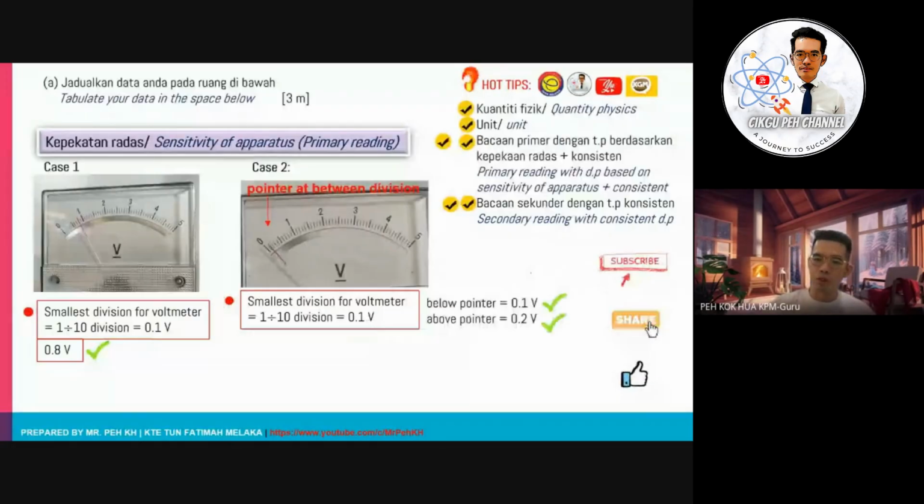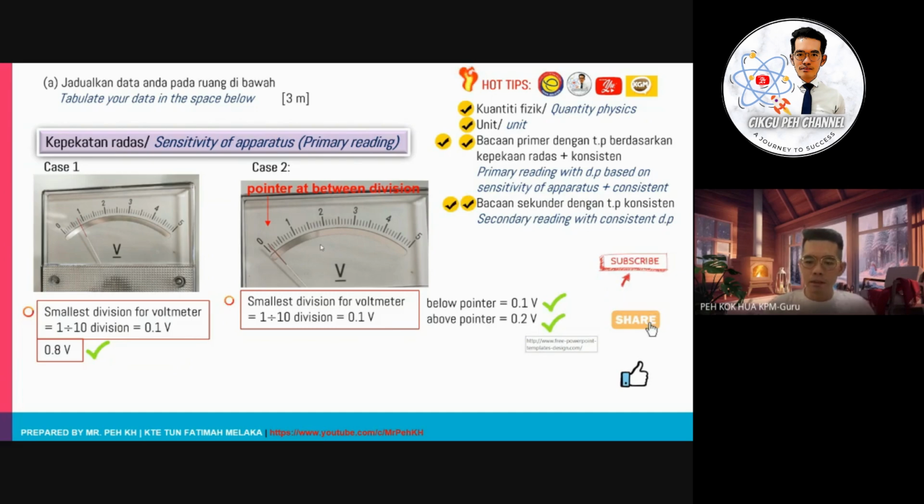Okay, so you can get your reading at 0.1 if you want to give the reading below the pointer. If you choose to read below the pointer, make sure for other readings, when the pointer is showing at the middle between two divisions, you also choose below the pointer. So let's say you choose above the pointer, where it will be 0.2 volt here, then you must always choose above the pointer when other readings are also showing at the middle between the divisions.